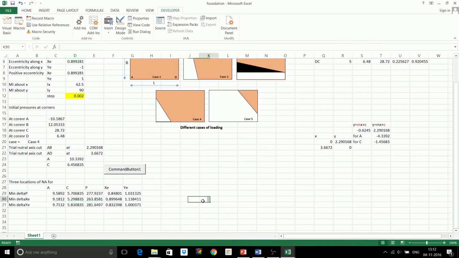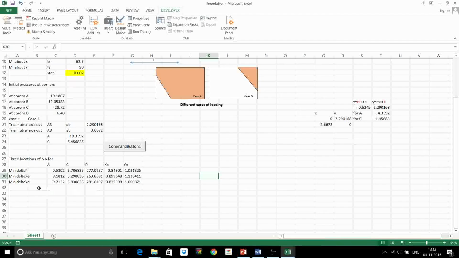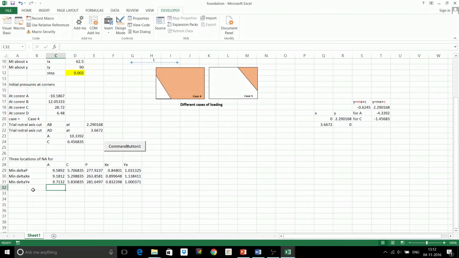So what I will do here, I will find out maximum and minimum of those A and C's. We can see it as a solution band. Solution band.